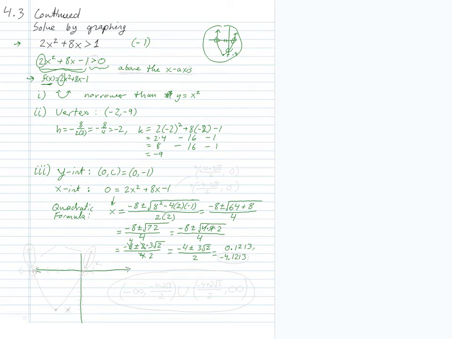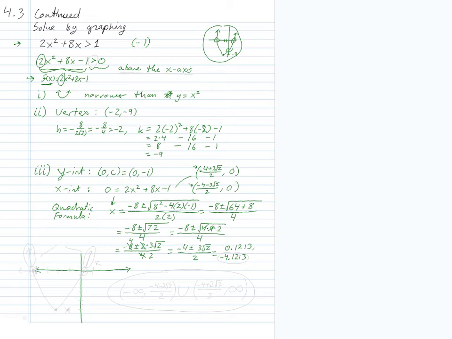The x-intercepts are located at (negative 4 plus 3 root 2 over 2, 0), and (negative 4 minus 3 root 2 over 2, 0). Remember, this is the smaller of the two x values, our negative 4 and change. And this one is the larger of our two x values, which is somewhere around 0.12.